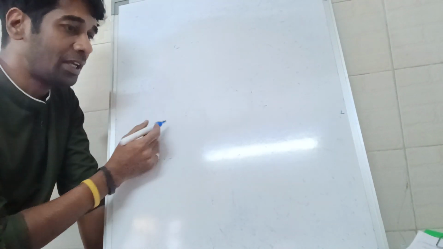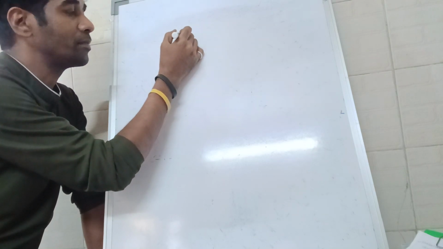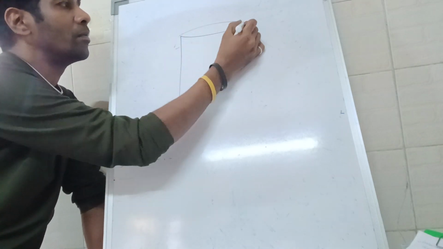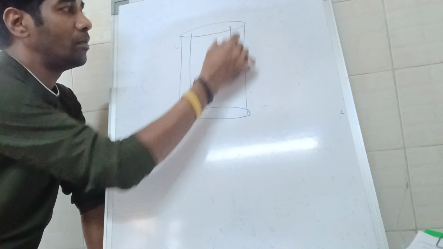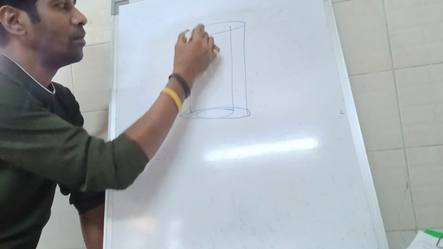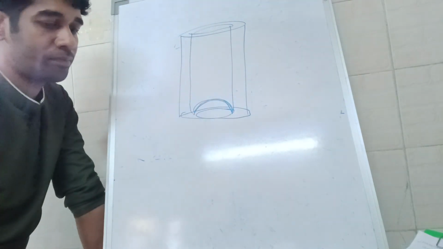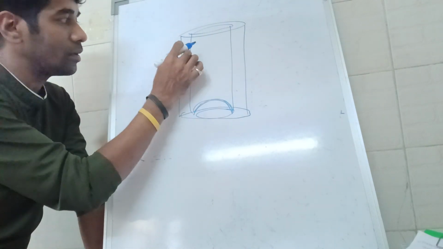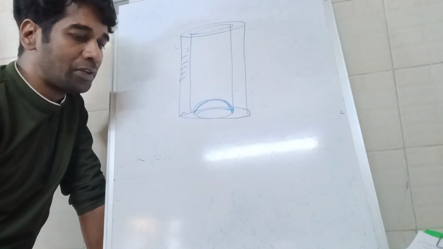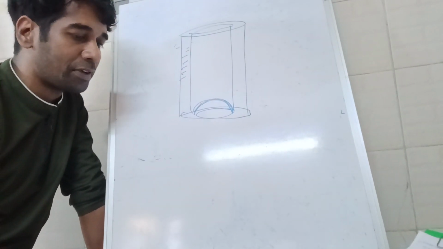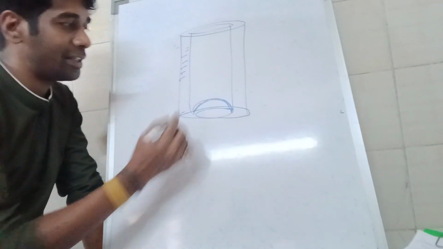Next, a juice seller was serving his customers using glasses as shown in the figure. The inner diameter of the cylindrical glass was 5 centimeter.